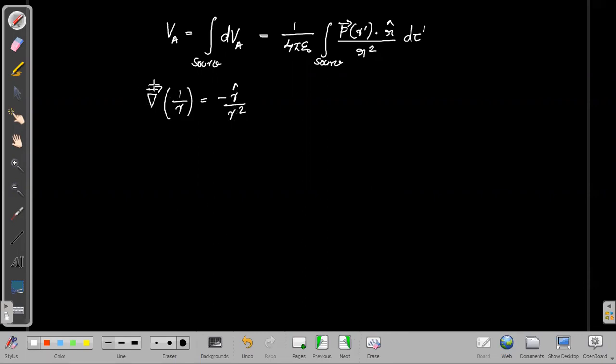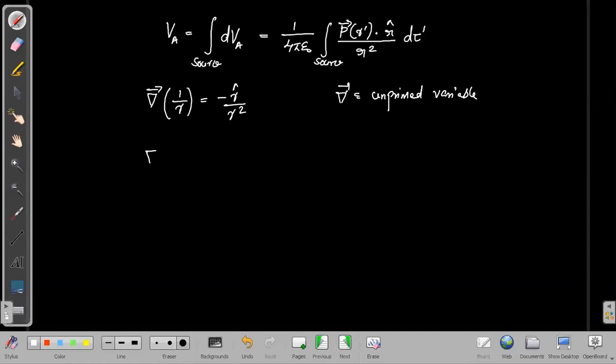So here del is a gradient with respect to the unprimed variable, and here we choose the unprimed variable for the field region and the primed variable for the source region.